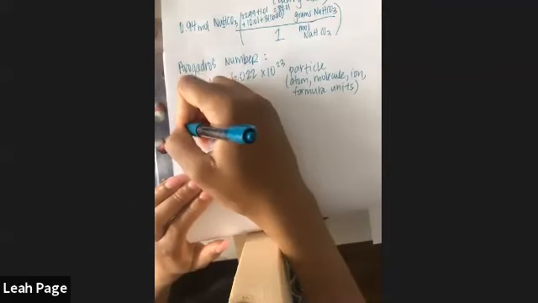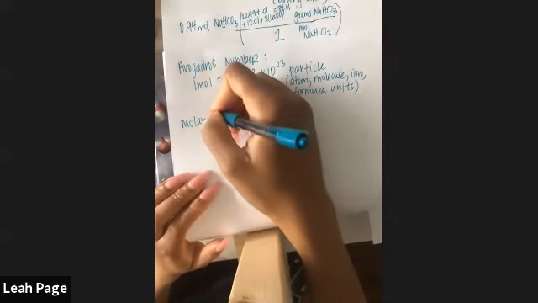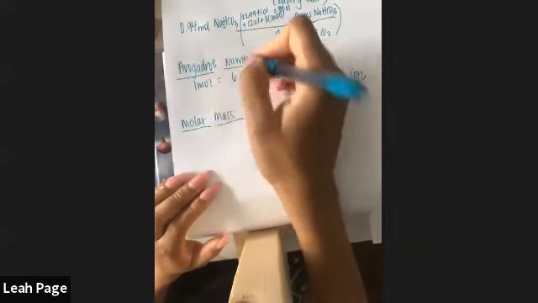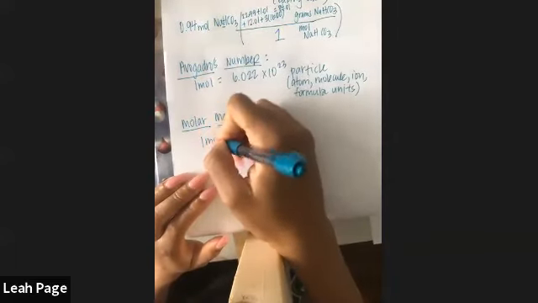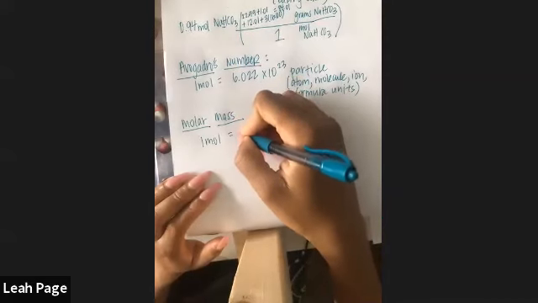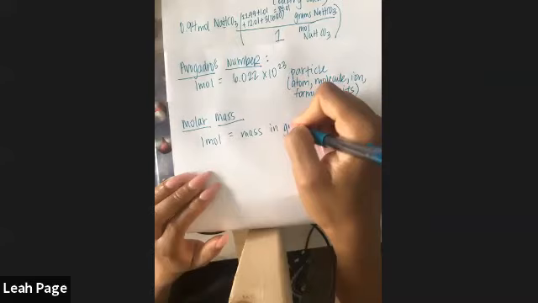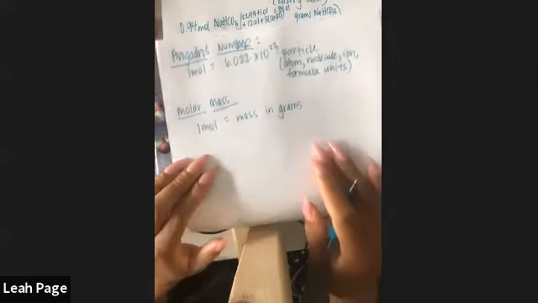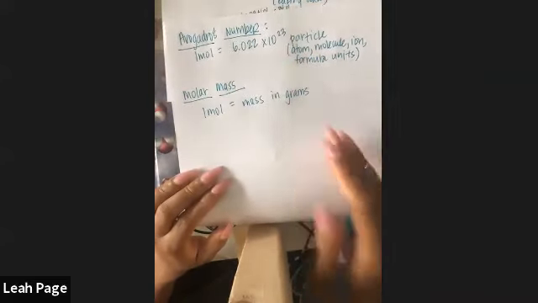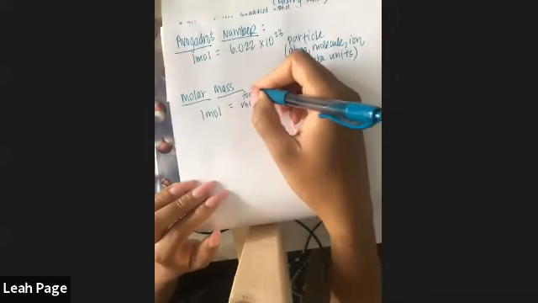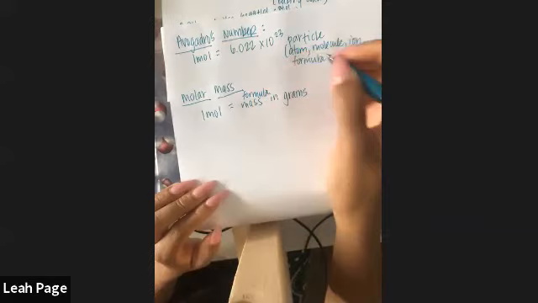But if I'm using the molar mass, it says I have 1 mole is equal to the mass of that substance in grams. And it has units of grams per mole. So this is basically the formula mass in grams.